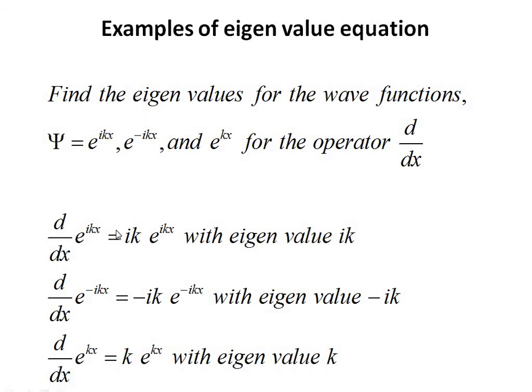So d by dx of e raised to ikx is equal to ik e raised to ikx, with eigenvalue ik. Here keep in mind, we have the same function. Therefore, e raised to ikx is an eigenfunction. Similarly, we have different eigenfunctions, like e raised to minus ikx, with different eigenvalues. Thank you.